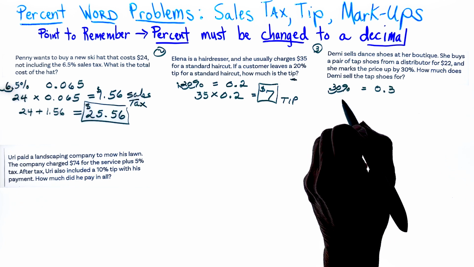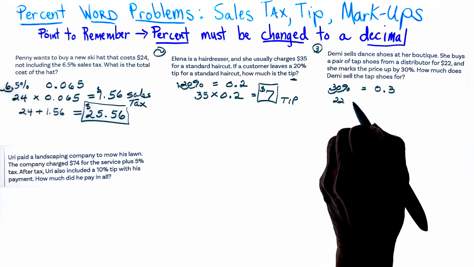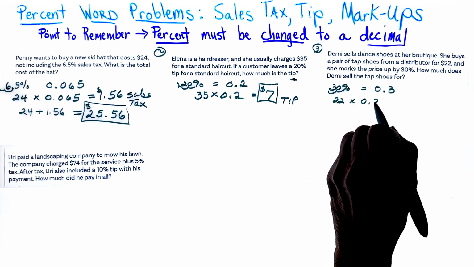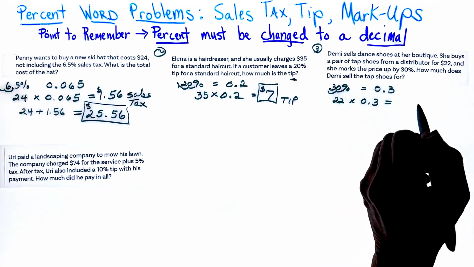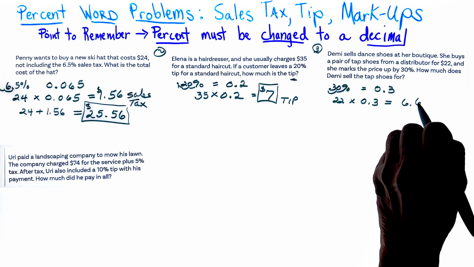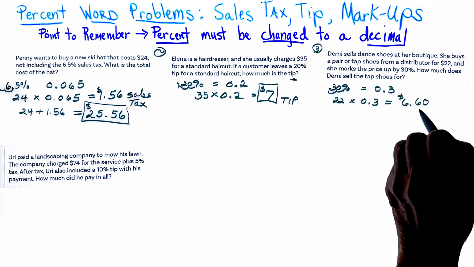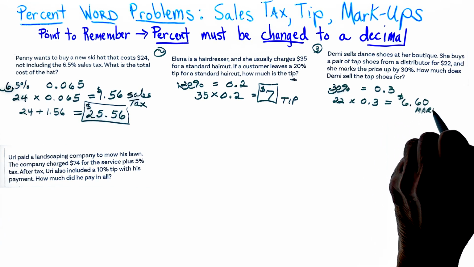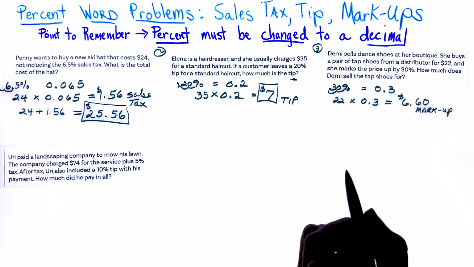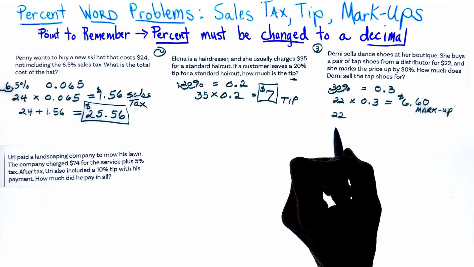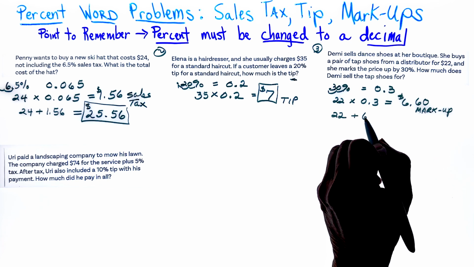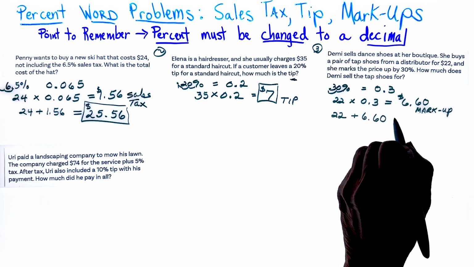We're going to take our $22 times the 3/10 in order to find out what the markup is, and it would be $6.60. That is the markup. But remember, she bought the shoes for $22. She is going to mark it up $6.60.